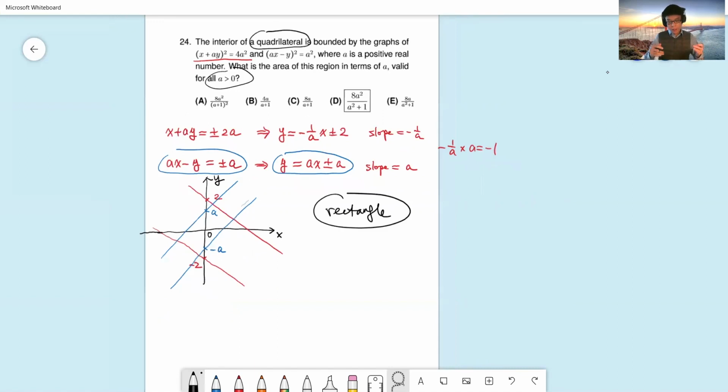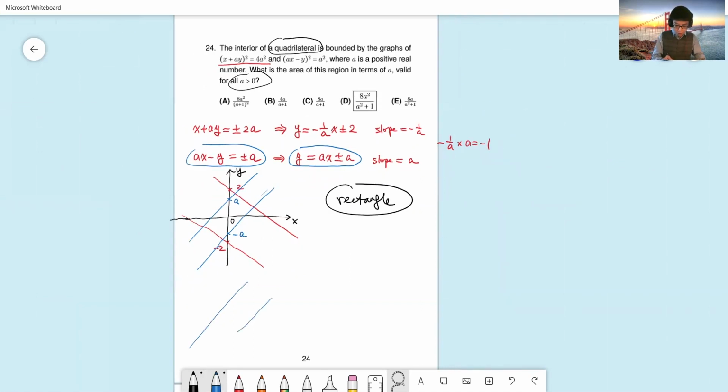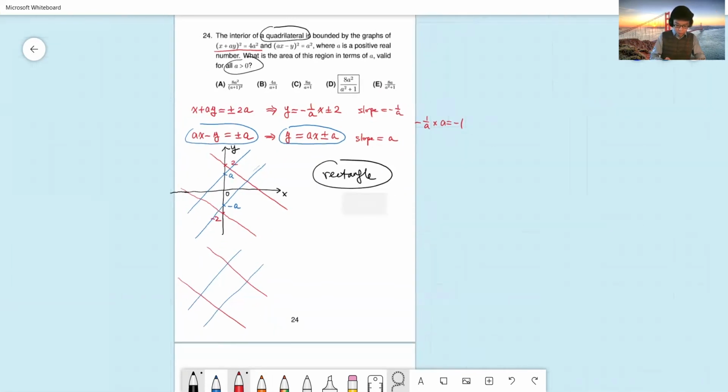Now, in order to find the area of a rectangle, we need the length and the width. Let me sketch again here and mark the length and the width. Suppose this is the length.